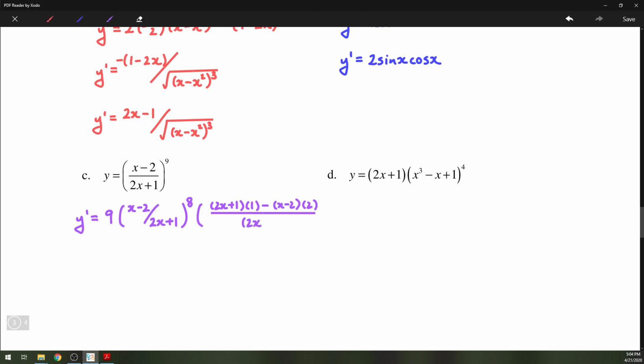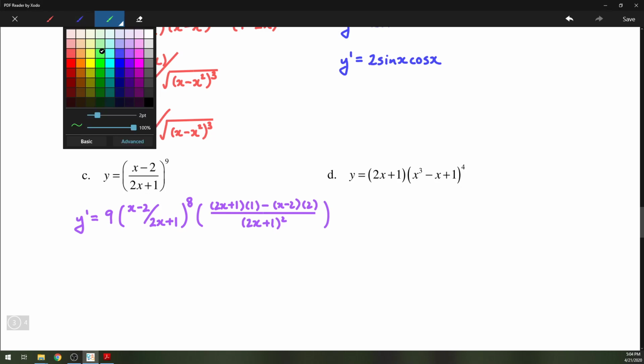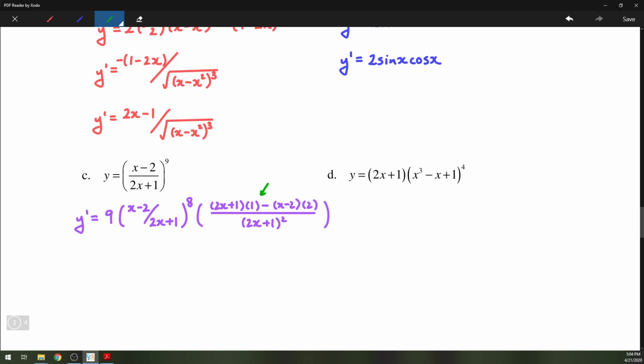All right, so if you simplify the numerator in the second part here, this actually will just give you 5. So that's convenient. And then when you write the derivative, you can do something like this. 9 and then x minus 2 to the 8th power over 2x plus 1 to the 8th power.